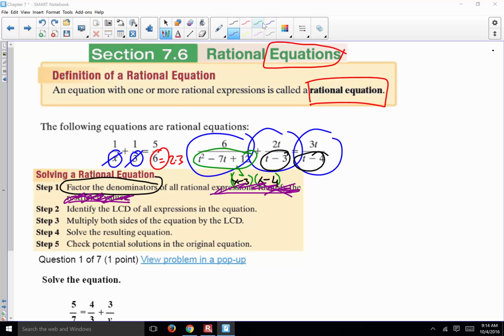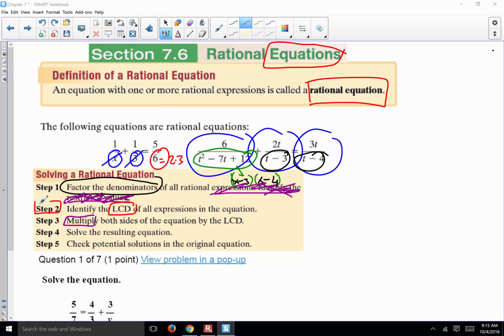That's it. The second step is we are going to identify the least common denominator of all denominators. You're going to find all denominators, and find the LCD of them, and you will multiply that LCD on both sides. Left side and right side must be multiplied by that LCD you determine.